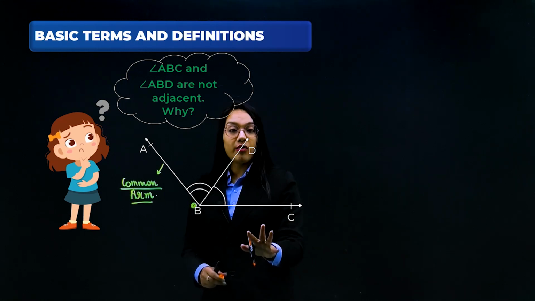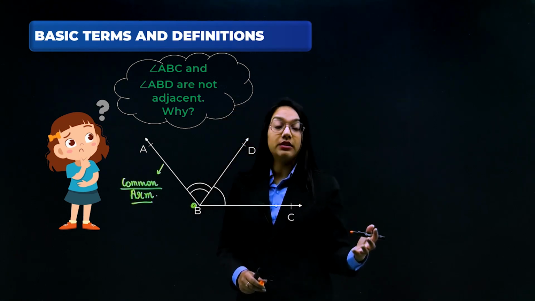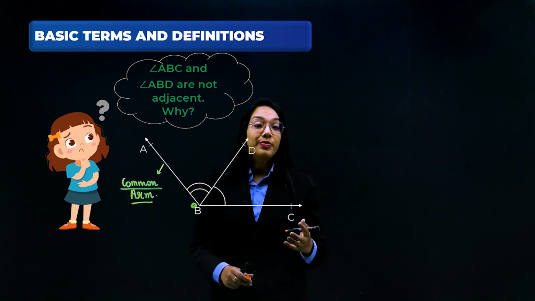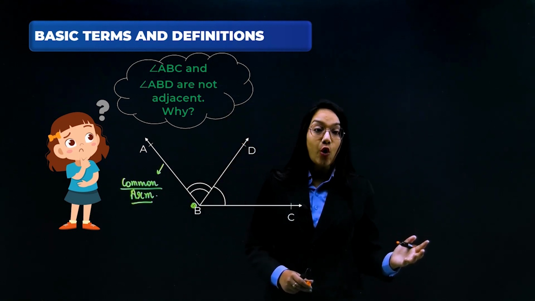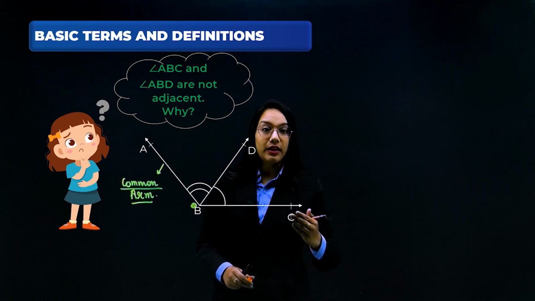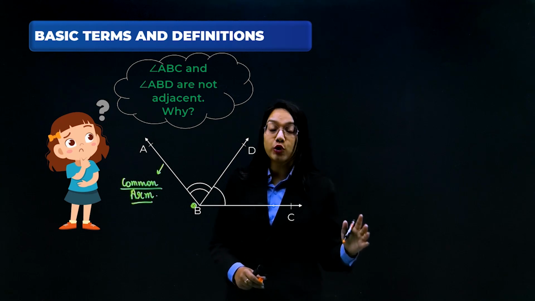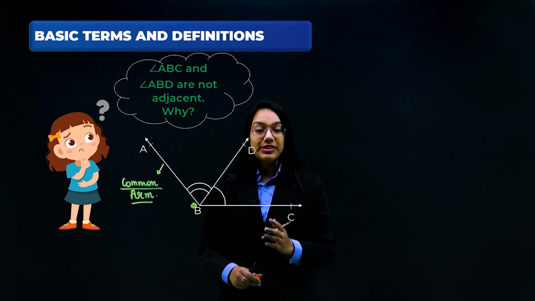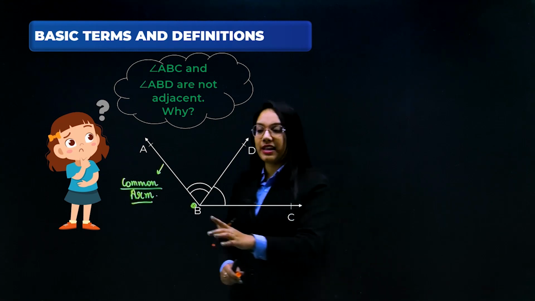So the reason related with this question is that they are not adjacent because their non-common arms are not on the different side of the common arm. That's why they are not called adjacent angles at all, because by the definition the adjacent angles are formed with the same vertex.